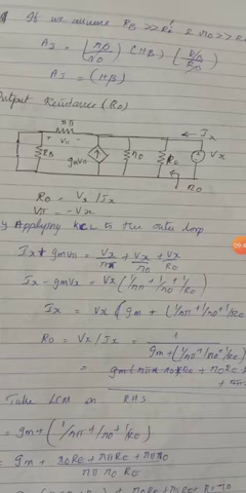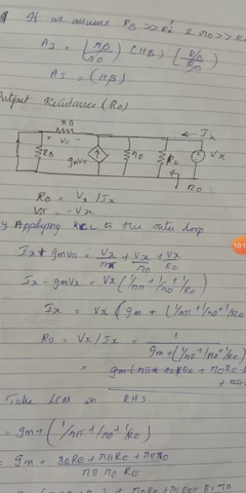You can take minus gm Vx to the other side, so that is also included. Then Ix can be given as Vx into gm plus 1 by R pi plus 1 by R naught plus 1 by RE. So your Ro will be equal to Vx by Ix, which can be given as 1 by gm plus 1 by R pi plus 1 by R naught plus 1 by RE.